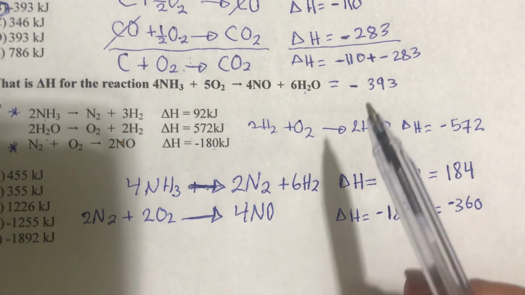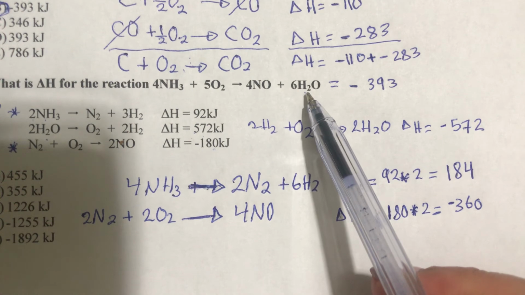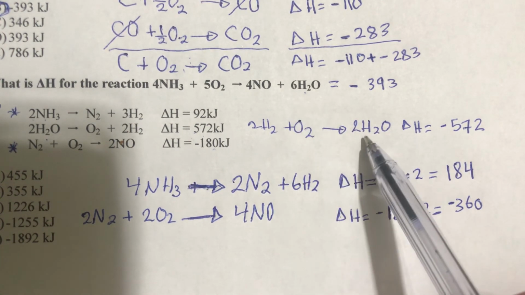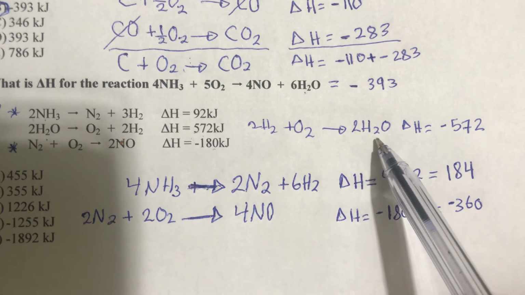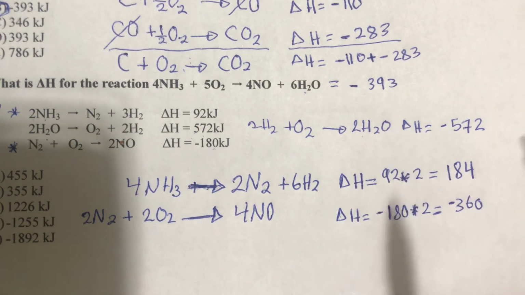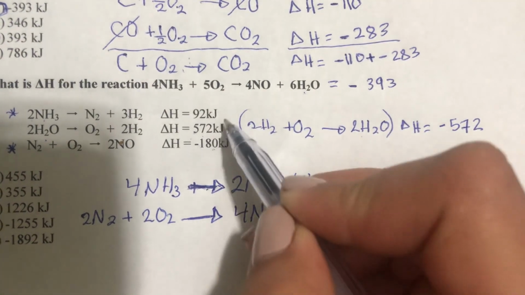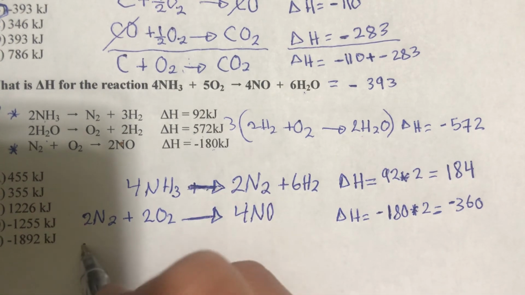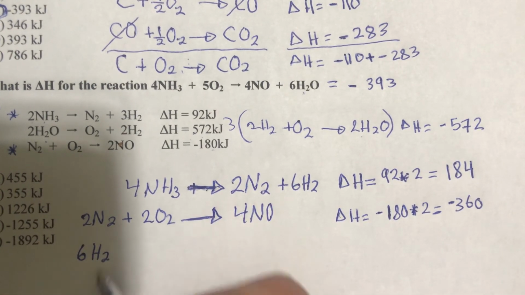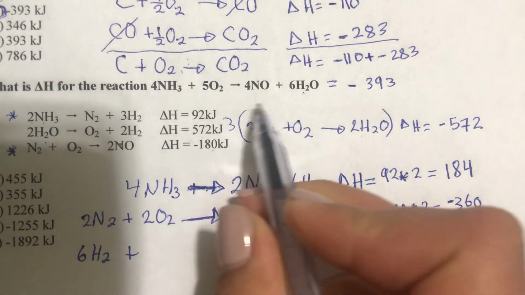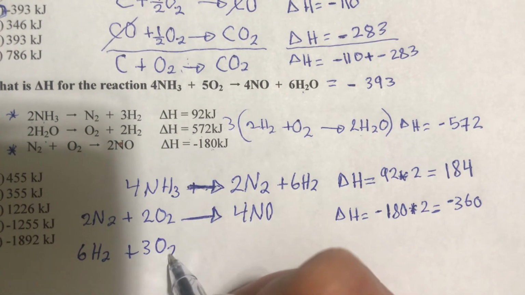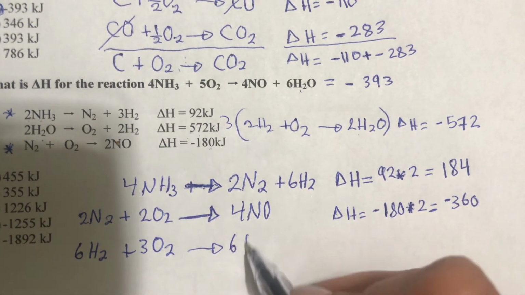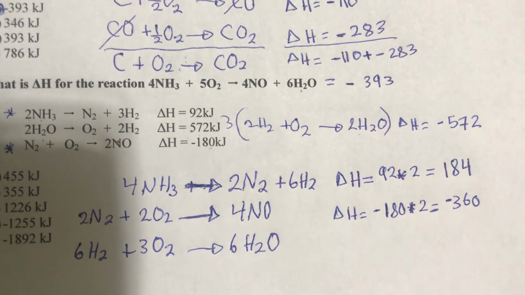Now water is in the product, and here water in the product, but here you have 6 mole of water and here you have 2 moles of water, so you have to multiply this equation by 3. So 6 moles of hydrogen plus 3 moles of oxygen to produce 6 mole of water.